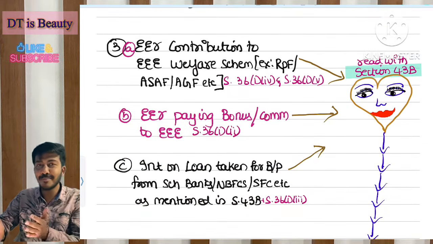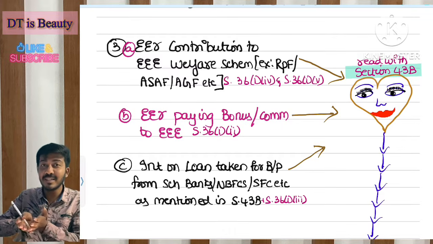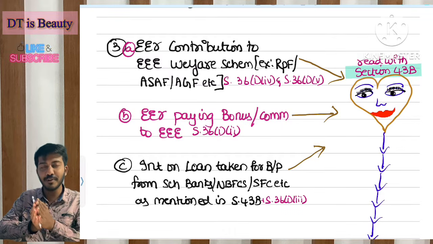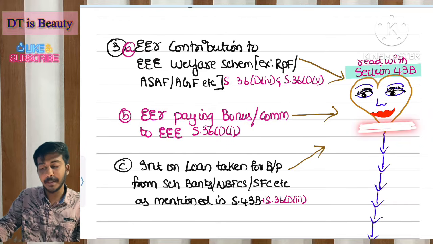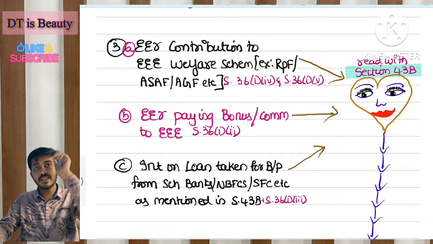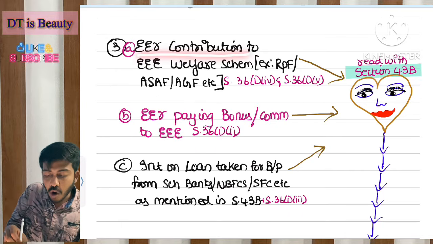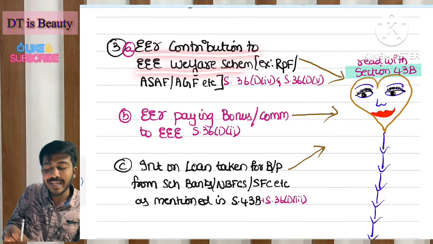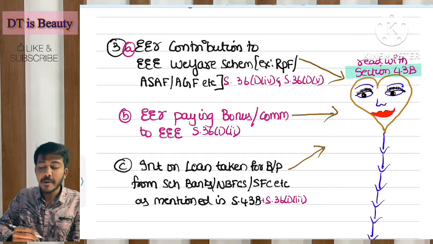Next comes our section 43B. Madam, we are seeing her for the second time in our video. She is called section 43B. What all does she like? She likes rates and taxes. She likes employer contribution to employee welfare schemes like RPF, ESI, PF.